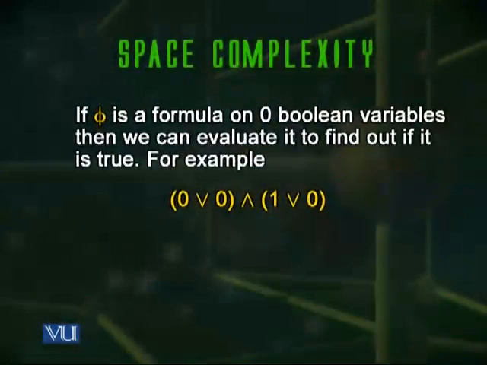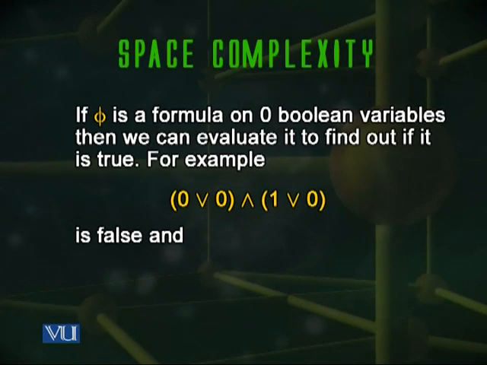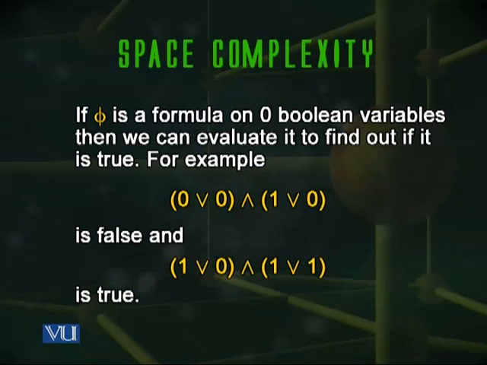Let's look at an example. (0 or 0) and (1 or 0) is false, because if you give the usual interpretation to and, or, then 0 or 0 is 0 and 1 or 0 is 1, but 0 and 1 is 0, therefore this evaluates to false. On the other hand, (1 or 0) and (1 or 1) is true. I'm just simply evaluating these formulas.